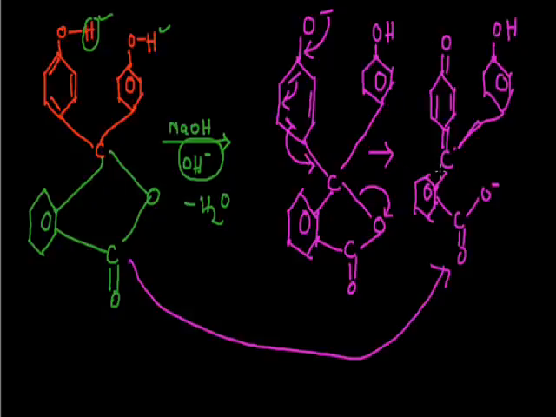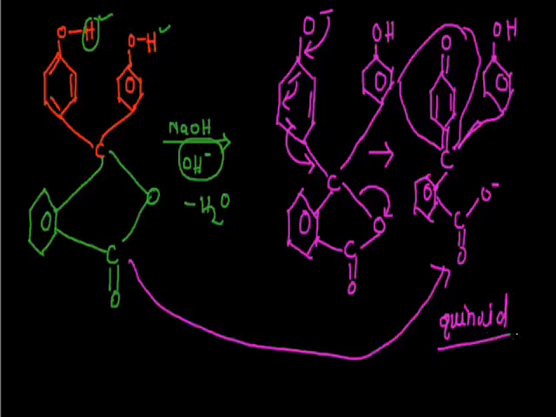In this structure, we have seen that there are two benzene rings, but this one is another ring. This one is another ring, and that ring is called the quinoid ring. And due to the presence of this quinoid ring, phenolphthalein gives its pink color. So in basic medium, due to the presence of this quinoid ring, phenolphthalein gives pink color.